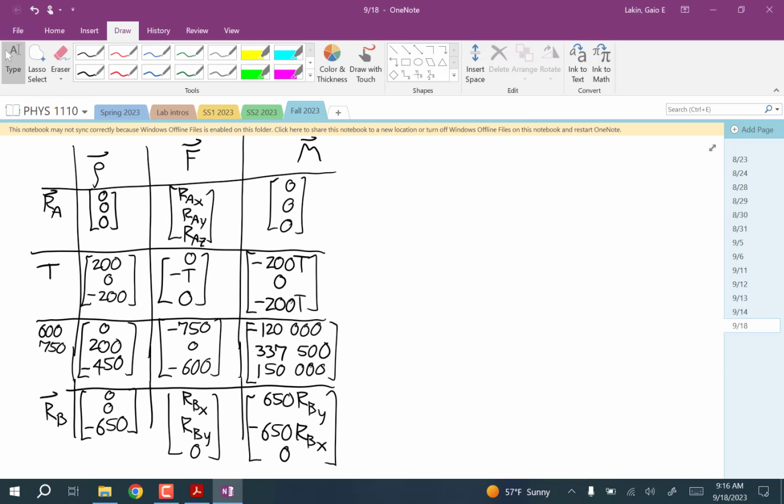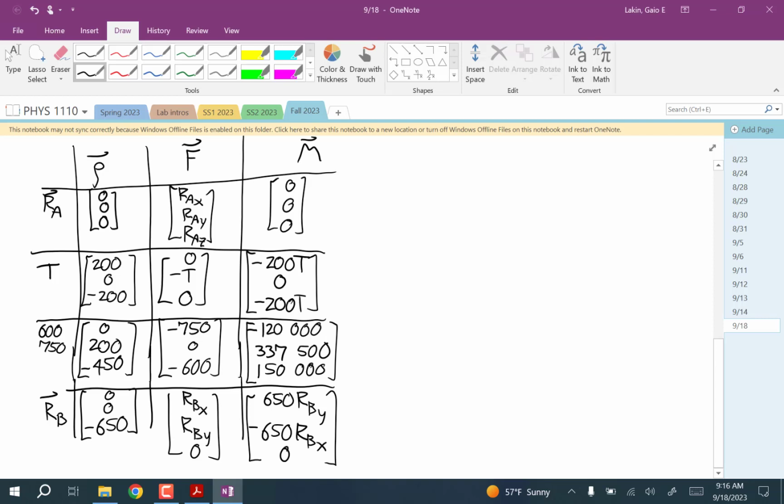Okay, so let's see what equations we should have. For forces, we have an x. You know, I'm just looking for if there's any equations that just say 0 equals 0. We have stuff in the x equation, stuff in the y equation, stuff in the z equation.